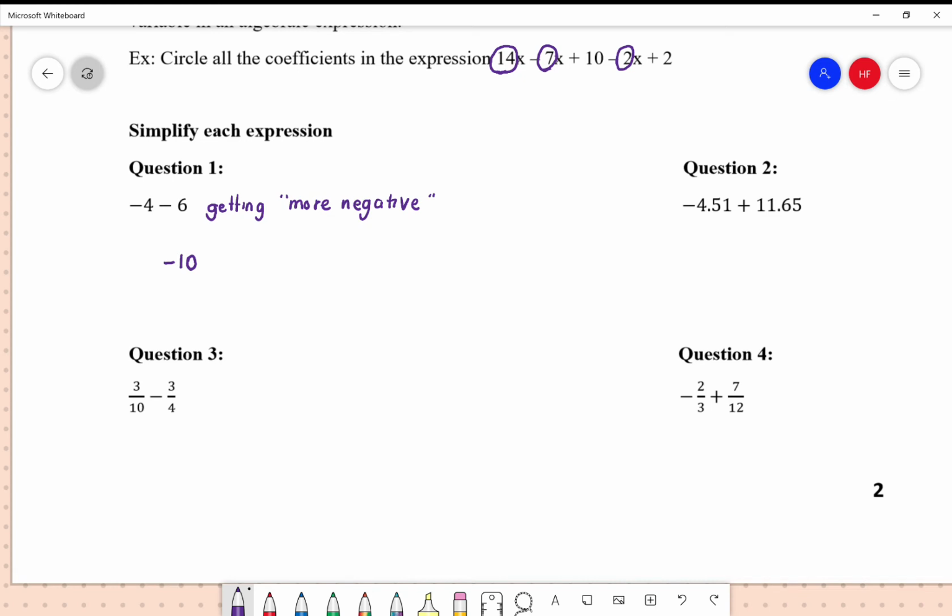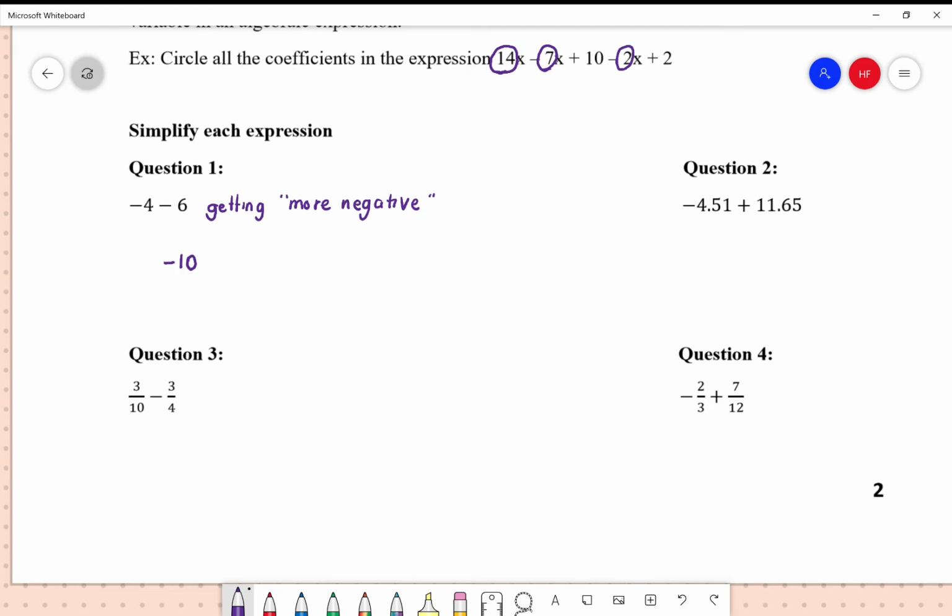Now on question 2, we got -4.51 plus 11.65. So on number 2, we're getting positive. So we're gaining from a negative. -4.51 plus 11.65.